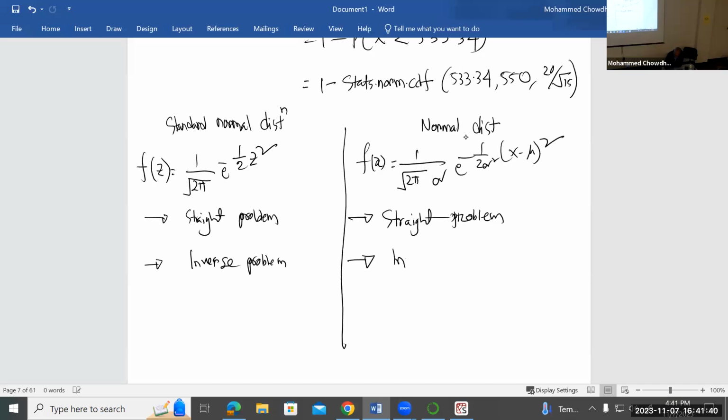Straight problem means finding probability. Inverse problem means finding the z value or x value.